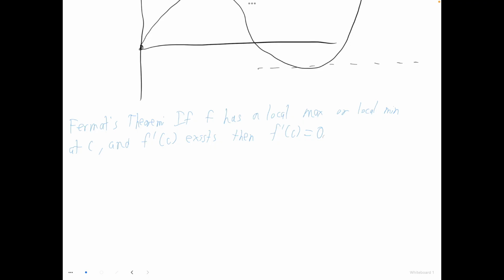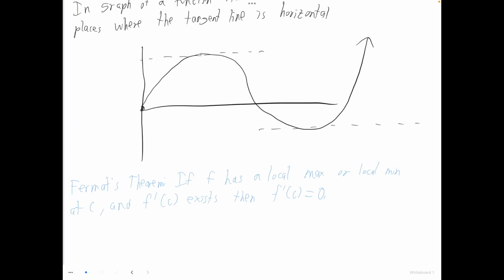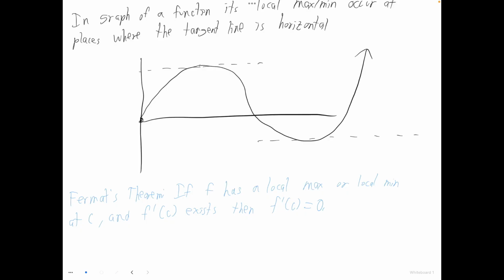So if we have a local min or max at a point, and the derivative exists at that point, then the derivative must be 0, which is what we're seeing here. Those points where the derivative existed, at a local min or max, the derivative was 0.